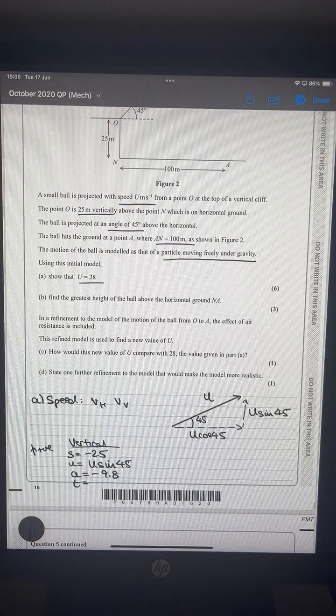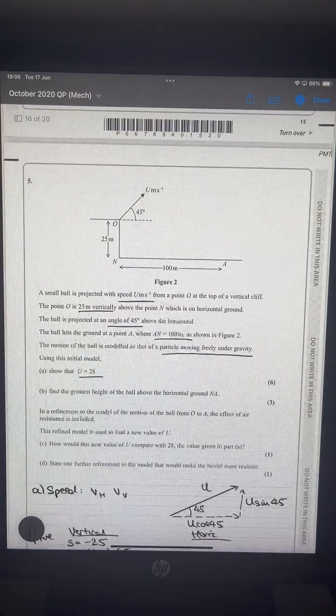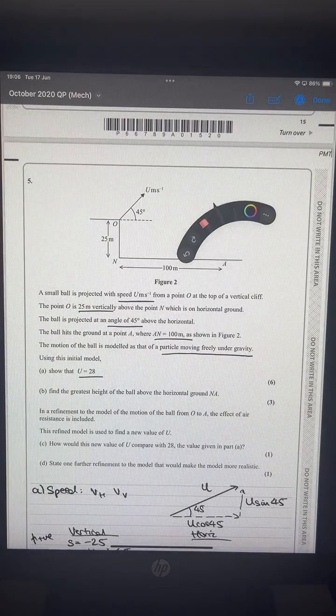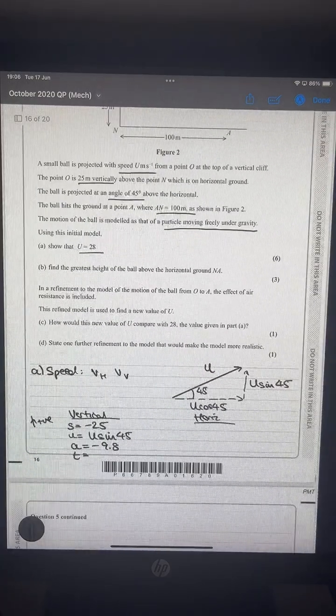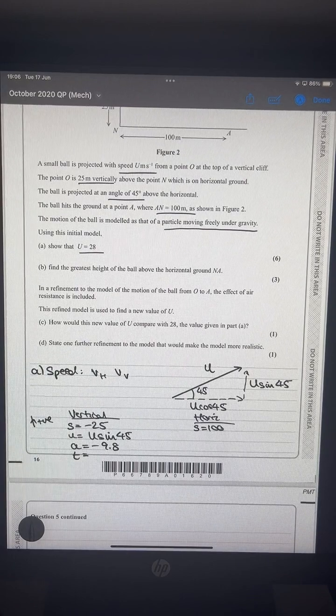How do you guys figure out t? Well, you can know that horizontal motion happens at the same time, so the time taken for its vertical and horizontal motion is the same. So if I know the time horizontally, I can sub that in. The displacement is going to be equal to 100 meters horizontally. The velocity, sorry, is going to be equal to u cos 45 from this diagram up here.